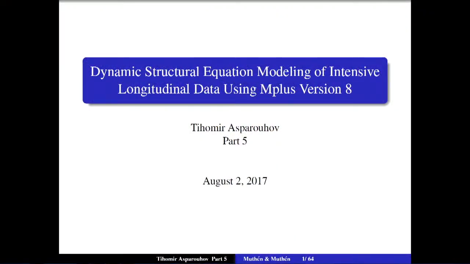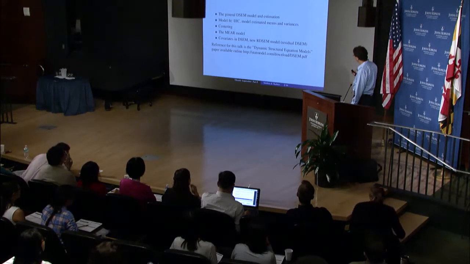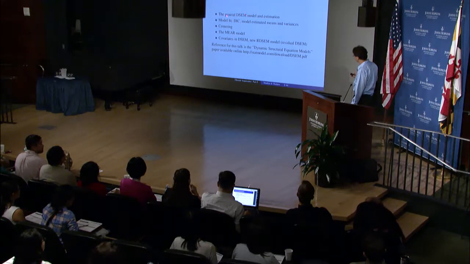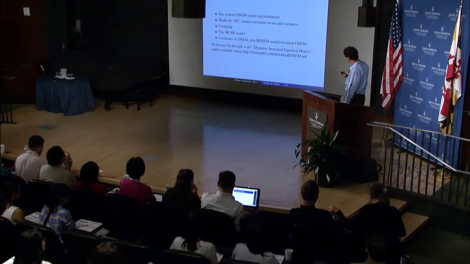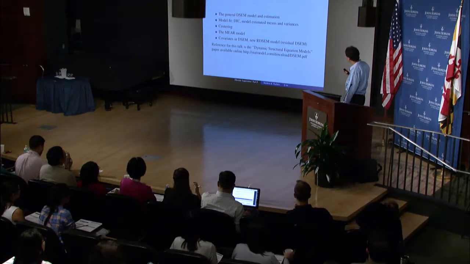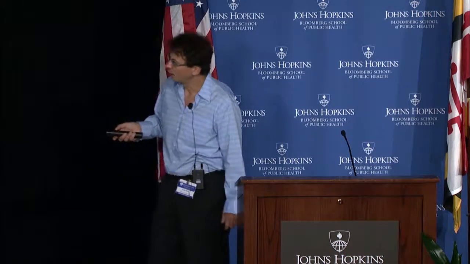Thank you. Thank you, Ben. So we'll get going. In this part 5, we're going to talk about the general DSEM model and the estimation method. I'm going to talk about methods for evaluating model fit using the DIC information criteria, and also using the estimated mean and variances. Then we're going to talk about centering.